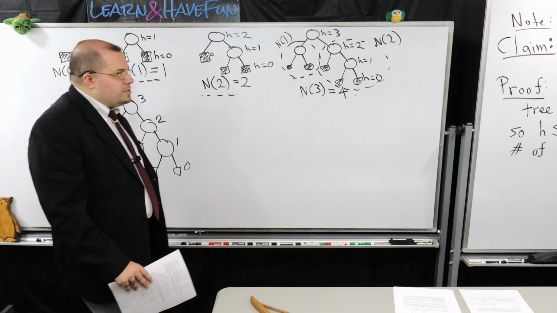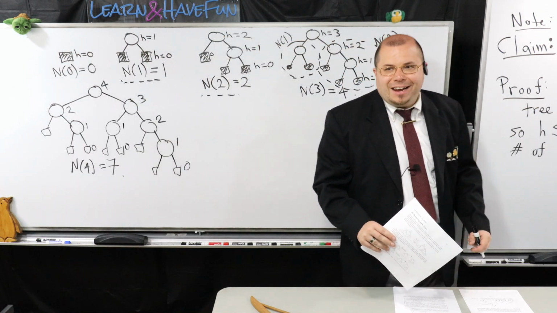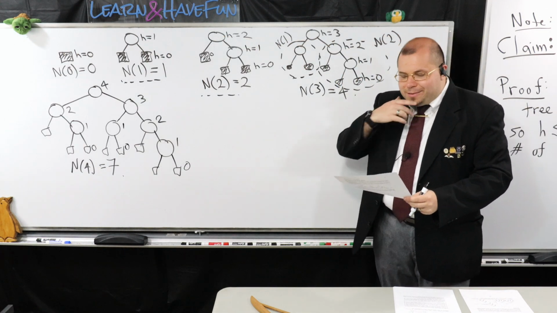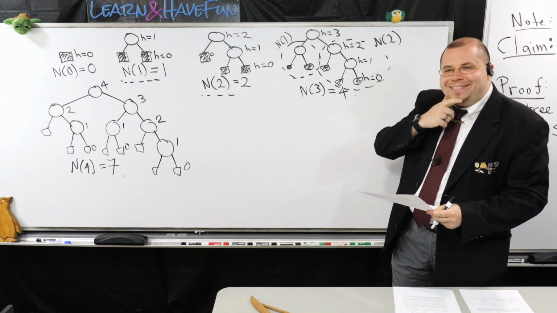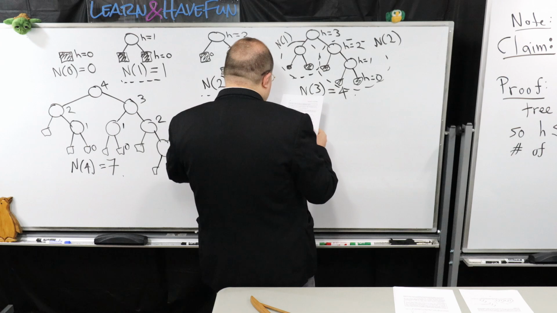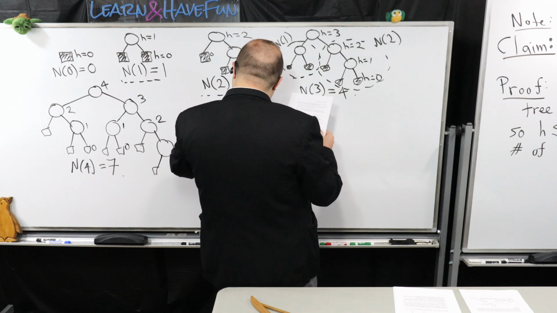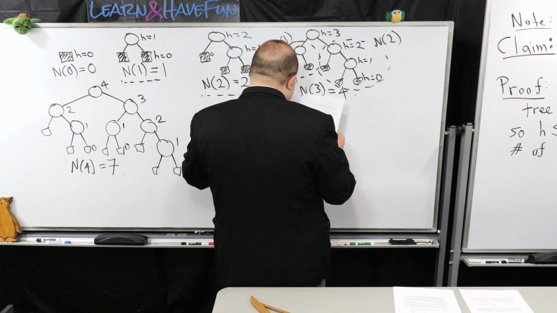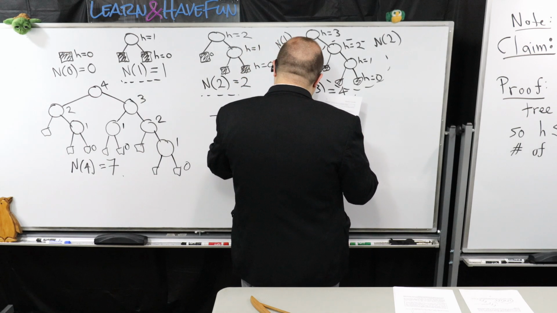So I've actually given you the core ingredients for determining what n of h is. Does anybody see what n of h actually is? I'm not going to prove this for you. But here we go.